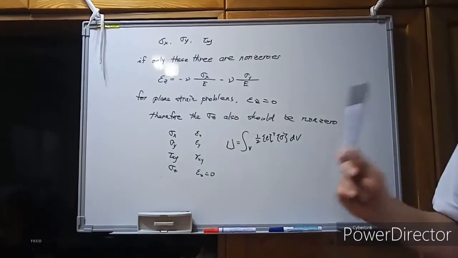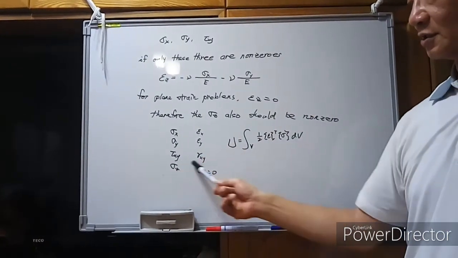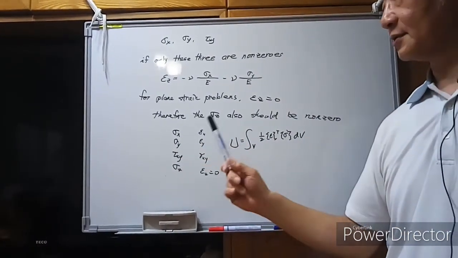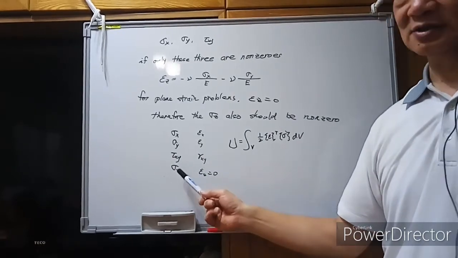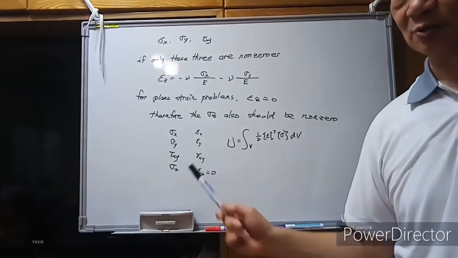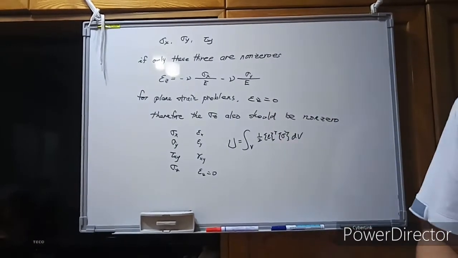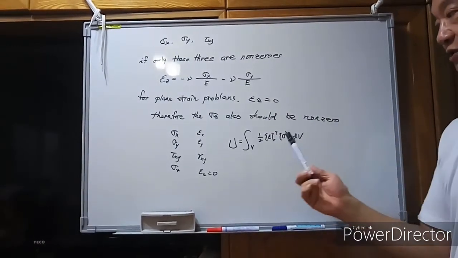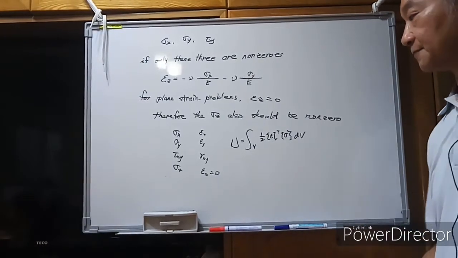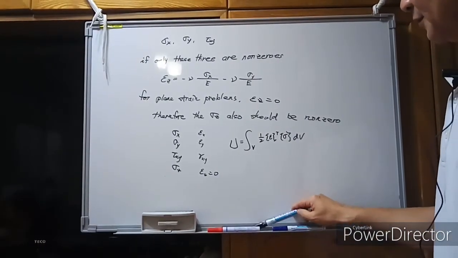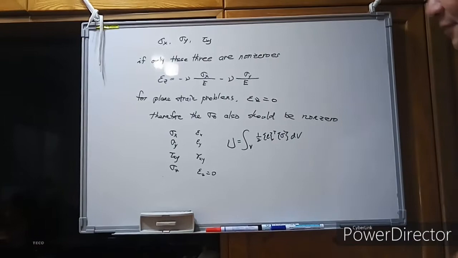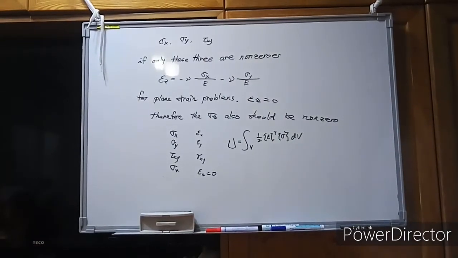For the plane strain problems, we consider the first three pairs, but sigma z is non-zero and epsilon z is equal to 0. Okay, so that's the stresses and the strains we need to consider. Take a screenshot, then I will continue.